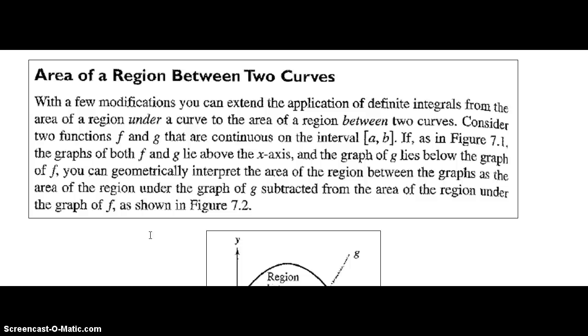If, as in figure 7.1, the graphs of both f and g lie above the x-axis, and the graph of g lies below the graph of f, you can geometrically interpret the area of the region between the graphs as the area of the region under the graph of g subtracted from the area of the region under the graph of f, as shown in figure 7.2.